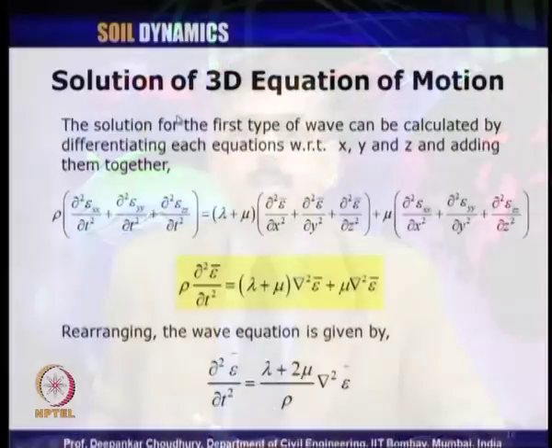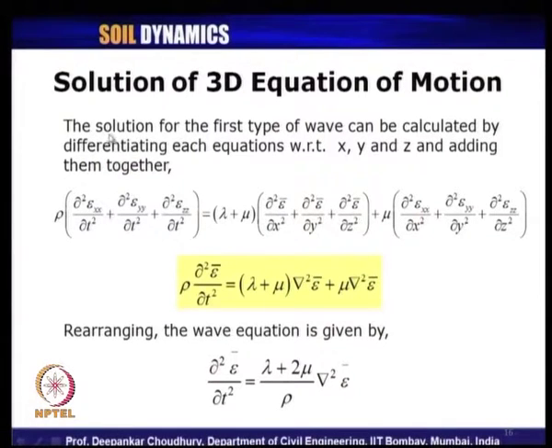Okay. So, now the solution of this 3D equation of motion for the first type of wave can be calculated how? By differentiating each of the above three equations with respect to x, y and z and then adding them together.